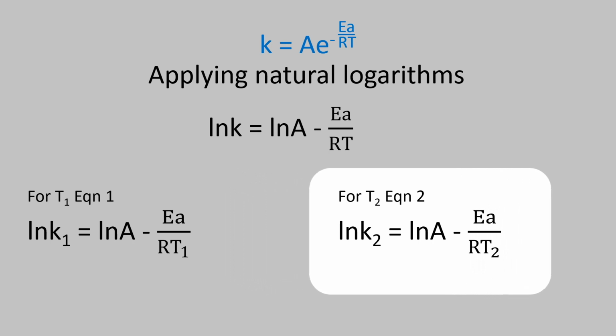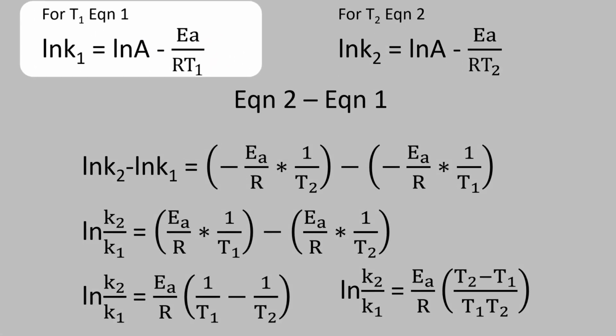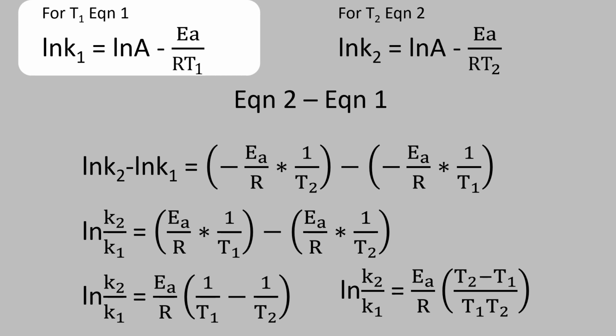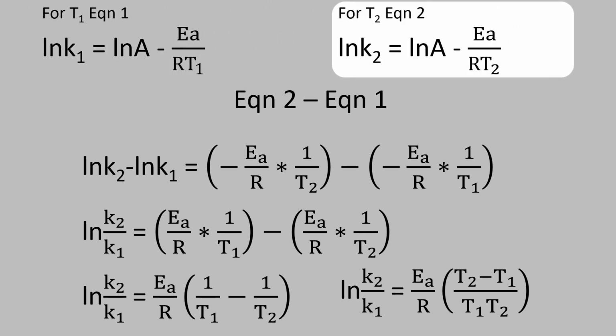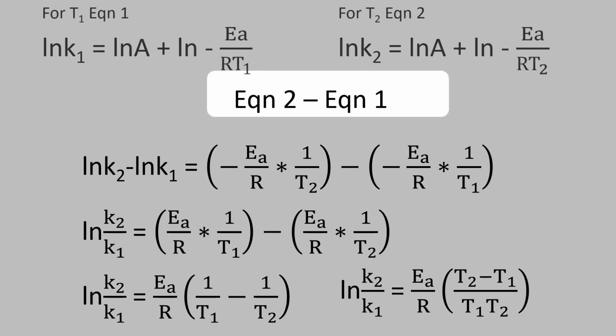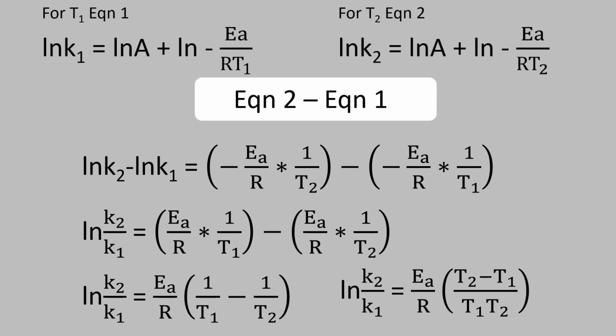And for temperature T2, the equation reduces to ln k2 = ln A - Ea/RT2. So we have two equations, equation 1 and equation 2. In order to calculate the energy of activation, we are going to subtract equation 1 from equation 2.